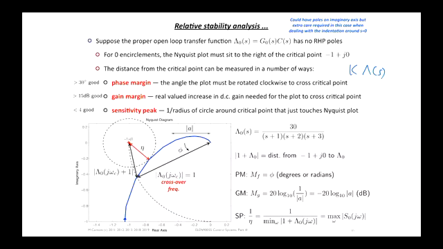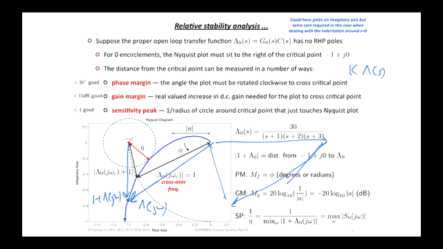Each point on here corresponds to lambda being evaluated at a particular frequency. So there's your little vector lambda, and this little vector here from minus 1 to here will be 1 plus lambda at that frequency. Because if we do 1 plus this vector here, we get a little vector like this.